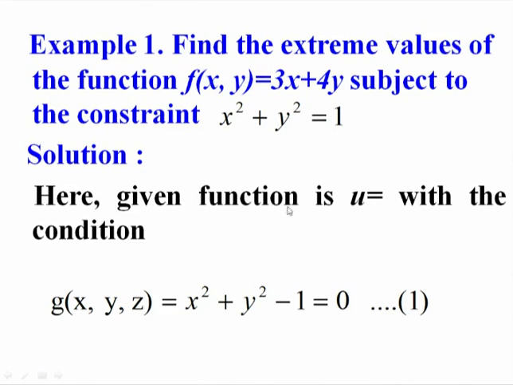Now here the function is 3x plus 4y, and the given condition can be written in the form of g of x, y, z equal to 0: x square plus y square minus 1 is equal to 0. Here only two variables are there, so we write g of xy is equal to x square plus y square minus 1 is equal to 0.